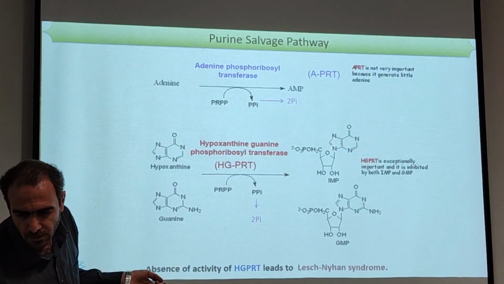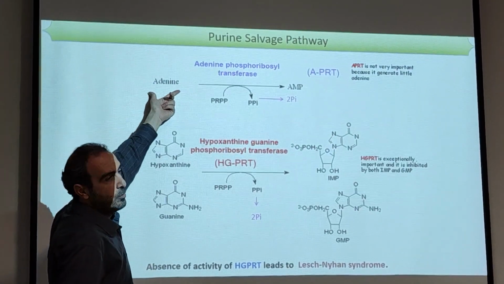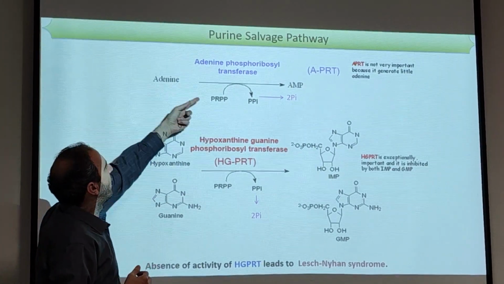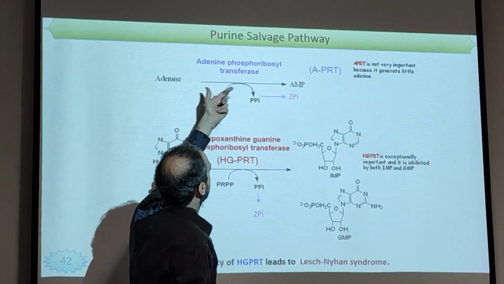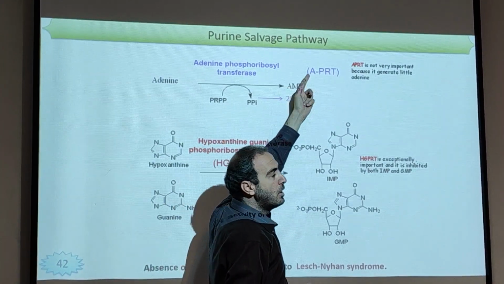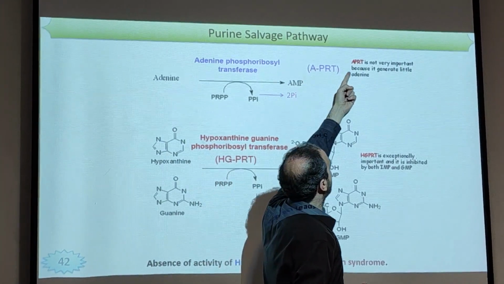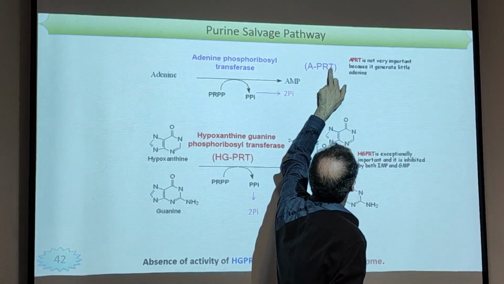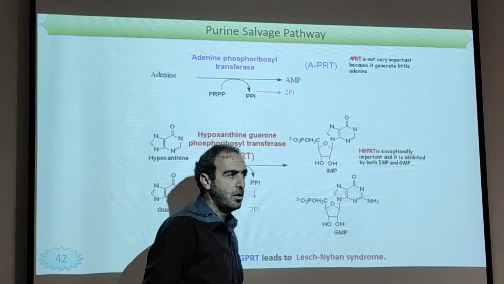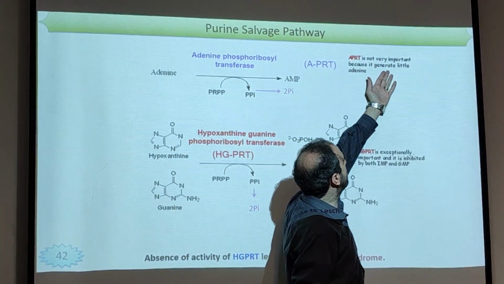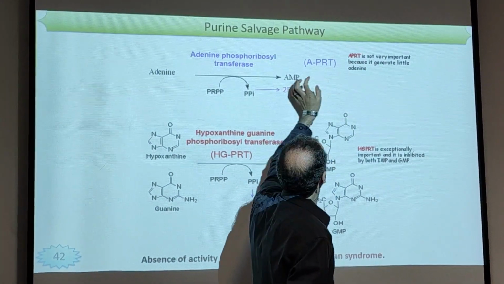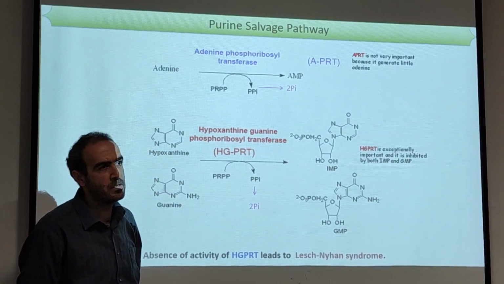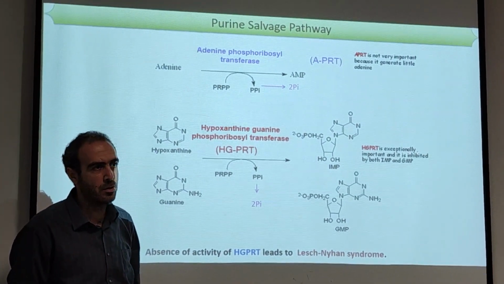Let's read it here. When we are going to recycle or salvage adenine, by adding PRPP to adenine, we produce AMP. The enzyme is APRT, adenine phosphoribosyltransferase. But it's not very important because it generates only a little adenine.